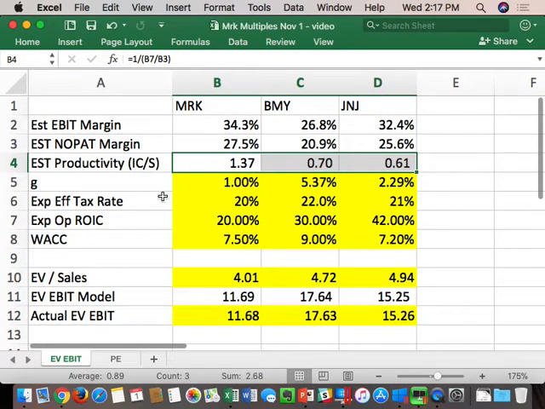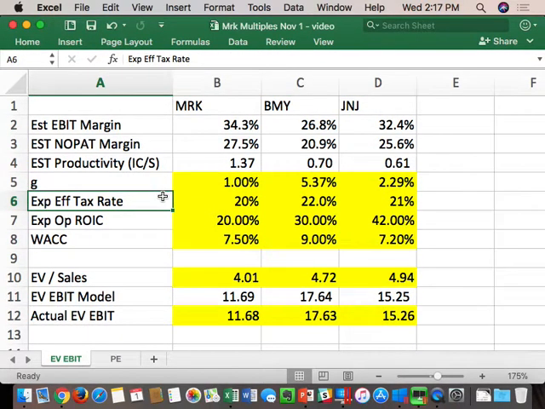So here's what we know. We now know the productivity of these 3 companies, right? Merck is at 1.37 to 1, Bristol-Myers 0.7, J&J 0.61. What's better, higher or lower? What's more efficient, a high number or a low number?